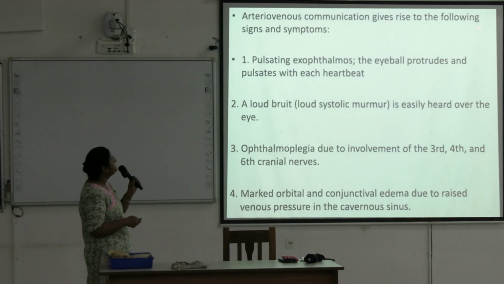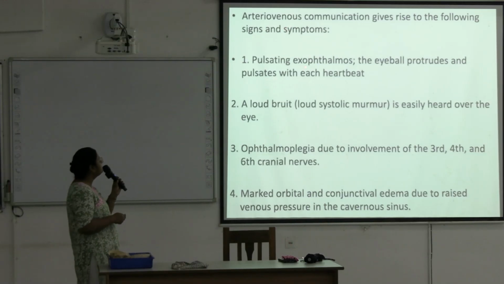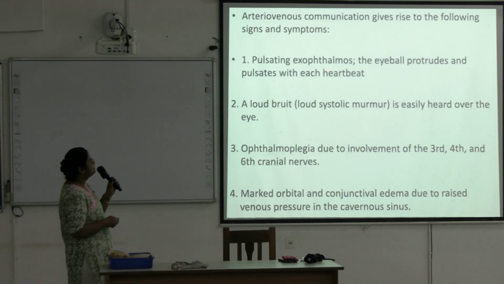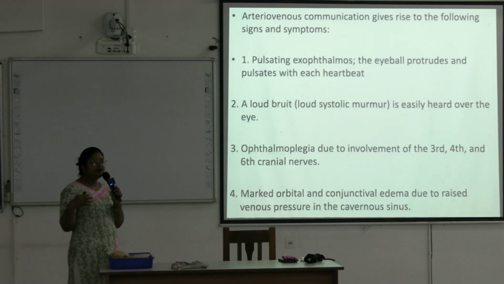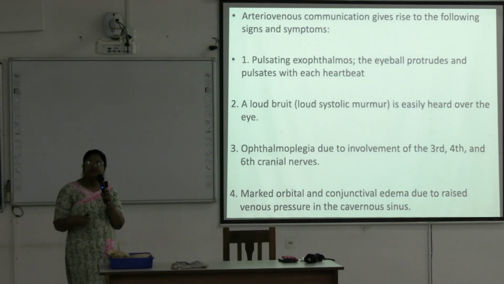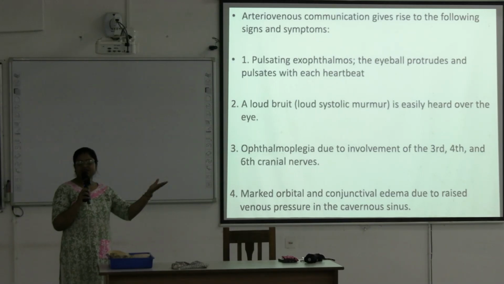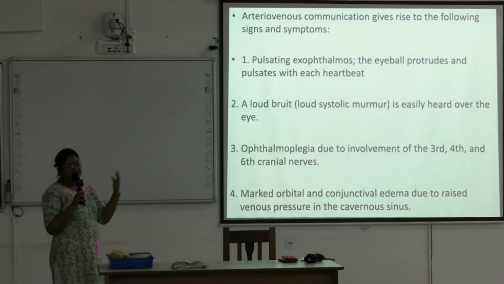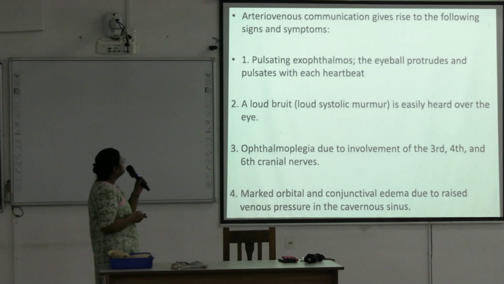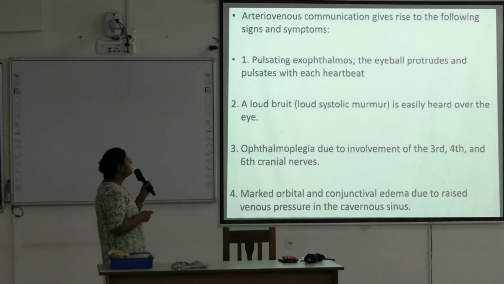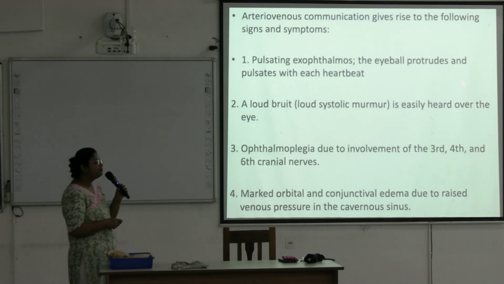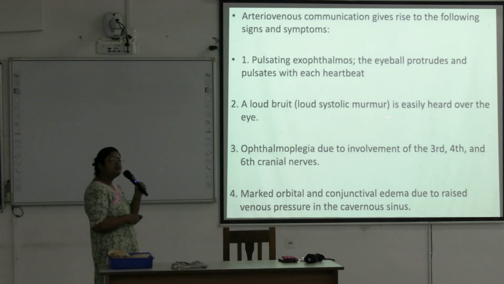Arteriovenous communication gives rise to the following signs and symptoms. There will be pulsating exophthalmos. Artery, there will be pulsations. So this pulsation, if it is connected to the cavernous sinus, this pulsation will be transmitted to the veins also, and that you will see. So pulsating exophthalmos, the eyeball protrudes and pulsates with each heartbeat.